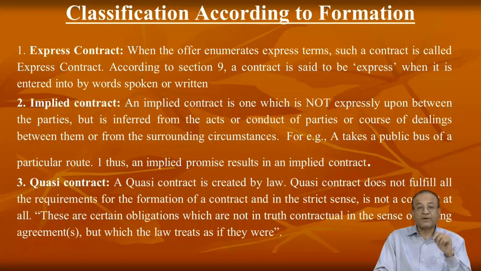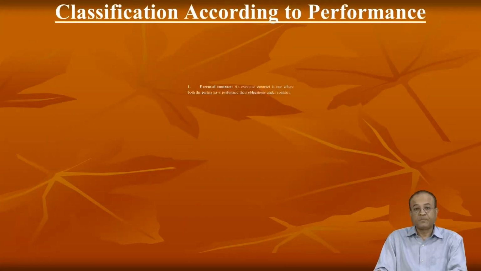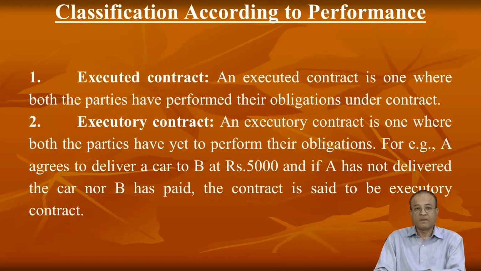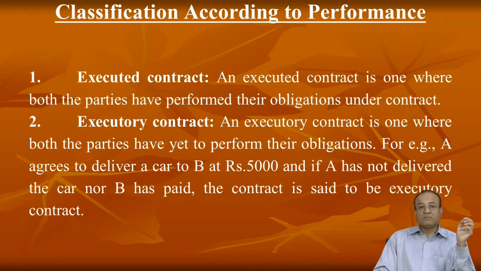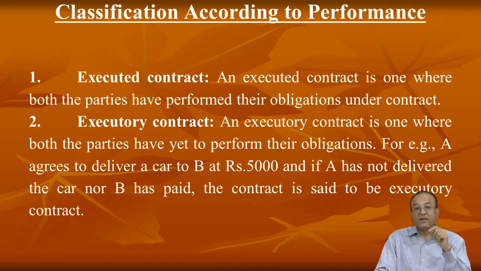Now, classification according to performance. According to performance, a contract may be an executed contract or an executory contract. Now, executed contract. An executed contract is one where both the parties have performed their obligations under the contract.